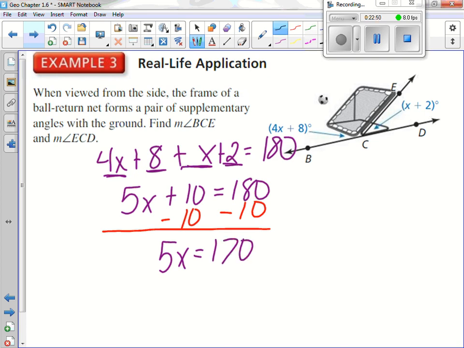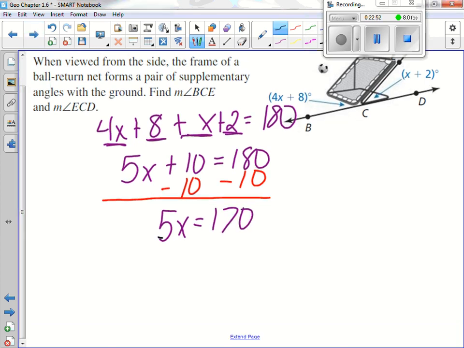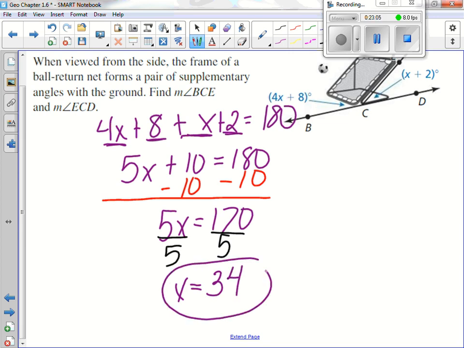Last but not least, what do we do? Divide by 5 is equal to 34. Yep.